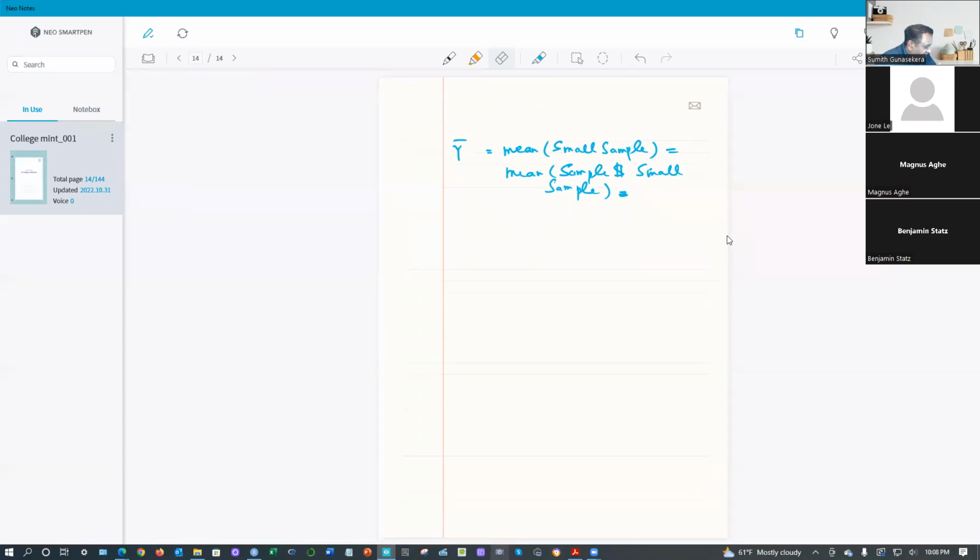So the same way, then you can think about the standard deviation the same way. Standard deviation, S. This is the standard deviation of small sample. Same thing, standard deviation, go to the sample and then go to the small sample.